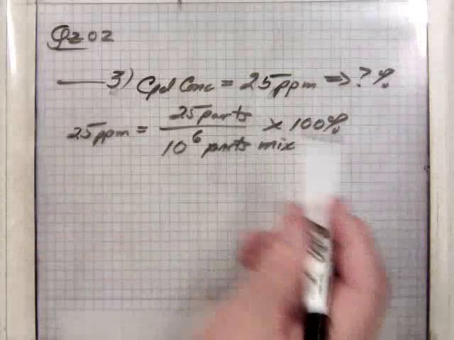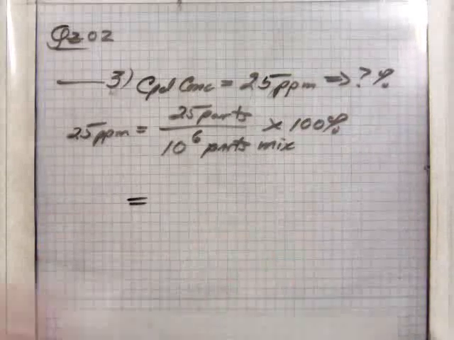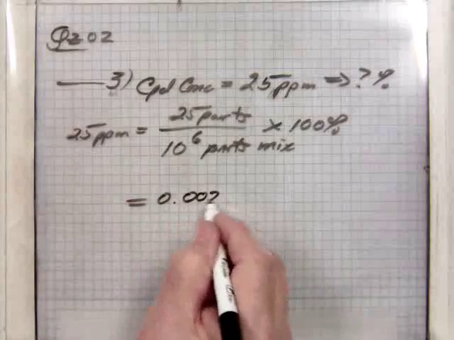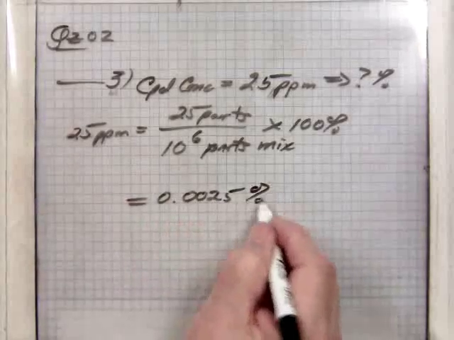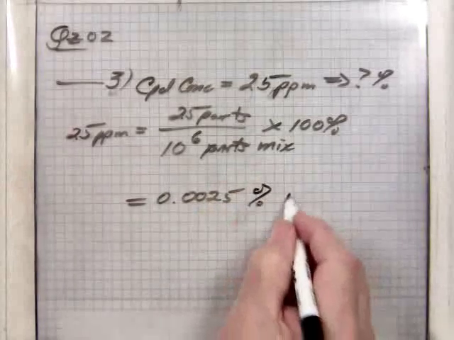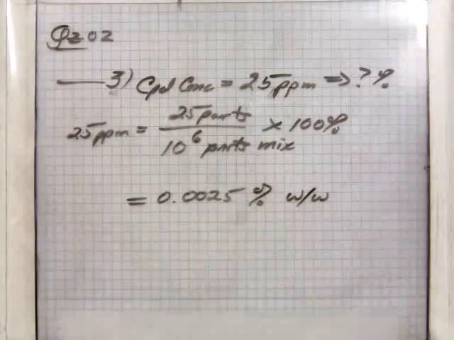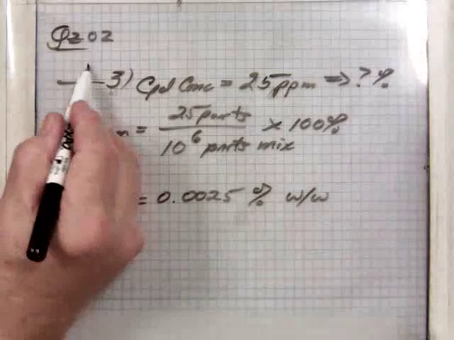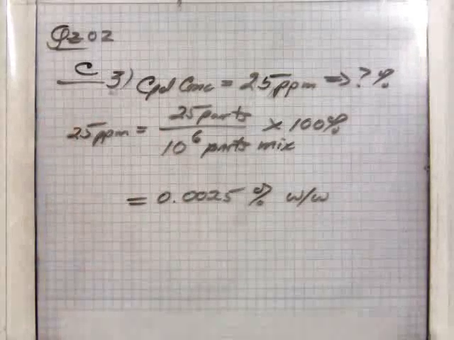So in this case, it would reduce to 0.0025%, well, excuse me, yeah, percent based on a weight-weight ratio. Okay, that is C choice in that one.